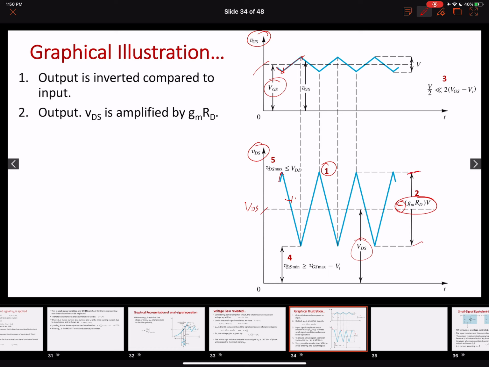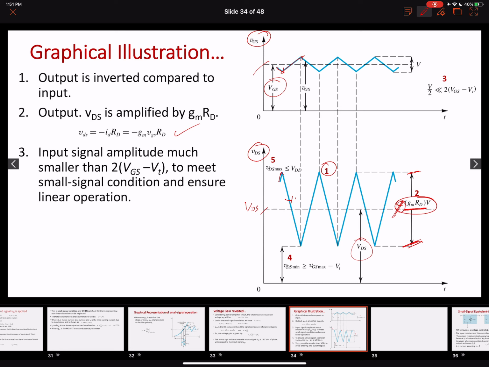However, this peak to peak amplification is proportional to GM RD. All right, the third important component is that to obtain a linear amplification, the voltage swing of the input voltage is very much smaller than 2 times the overdrive voltage. So our small signal operation is true.